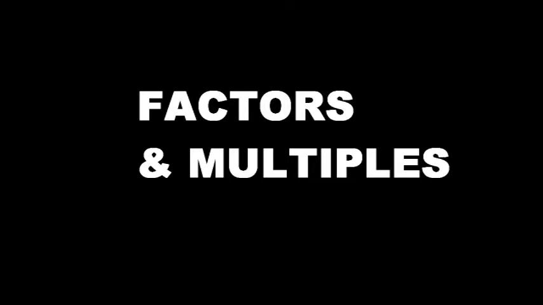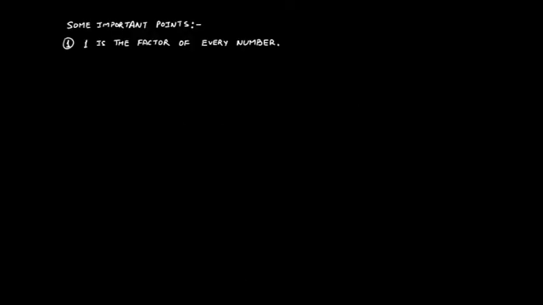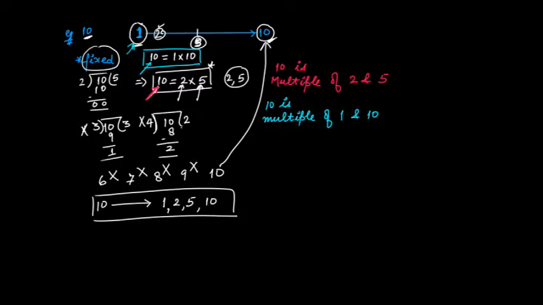Some of the points we discuss here might look familiar from part 1. The first point is that 1 is a factor of every number. If you remember, I told you there would always be two fixed factors.